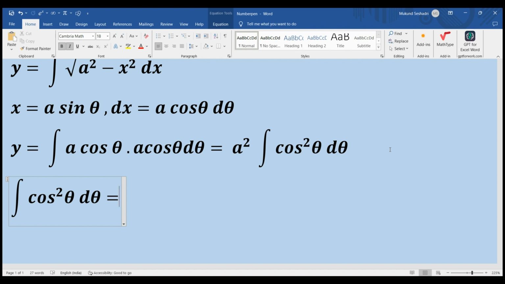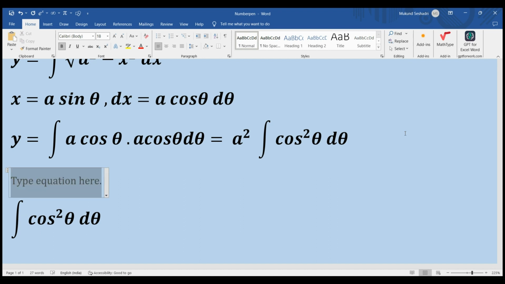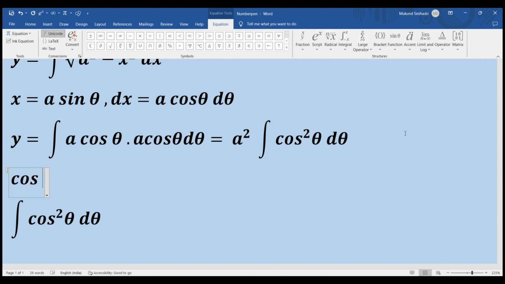I know that my cos 2 theta is equal to cos square theta minus sine square theta, right? So my cos 2 theta is nothing but, and let us write this here, cos square theta minus sine square theta.